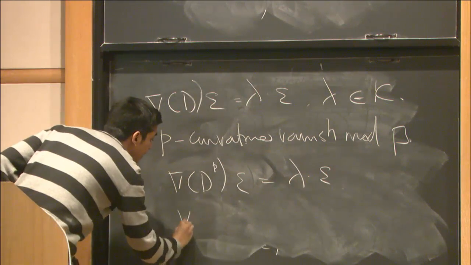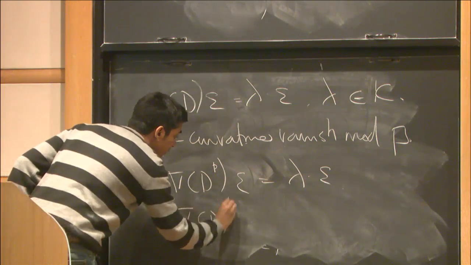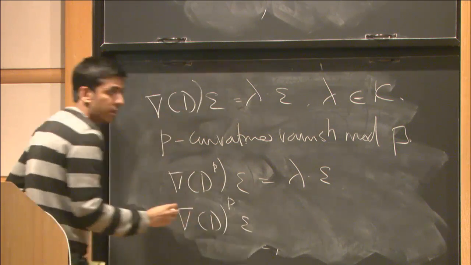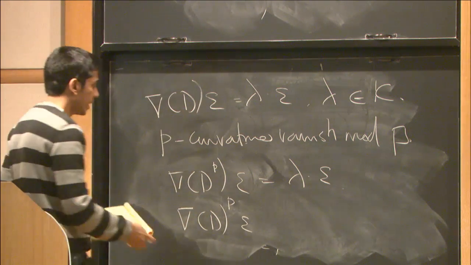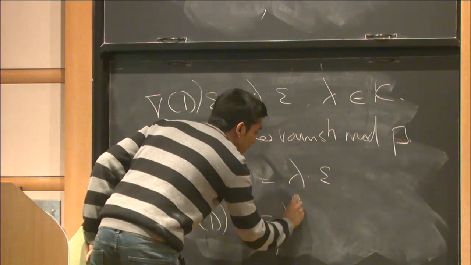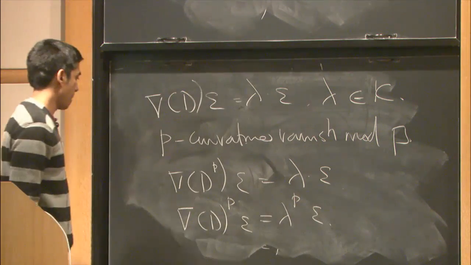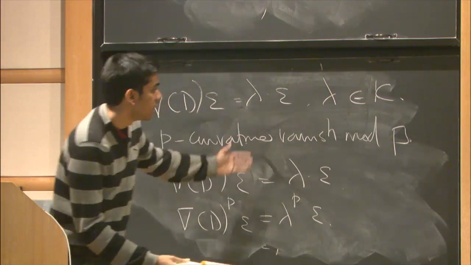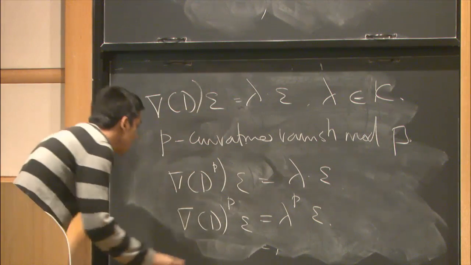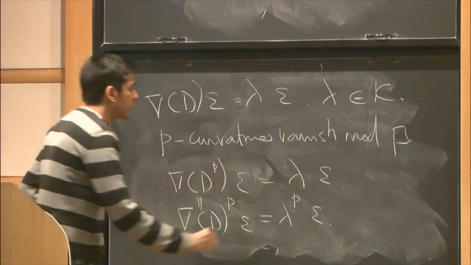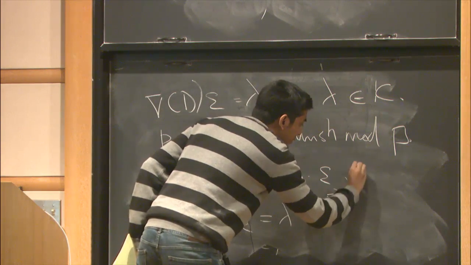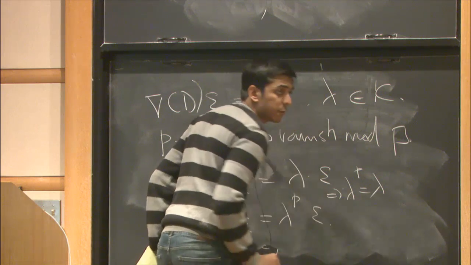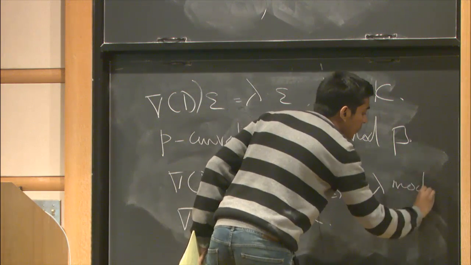Because lambda is a constant function, nabla of D whole to the p of epsilon is now computable linearly, and this is going to equal lambda to the p times epsilon as well. Assuming that the p-curvatures vanish is the same as saying that these two things are the same. So you have that lambda to the p is equal to lambda mod p.